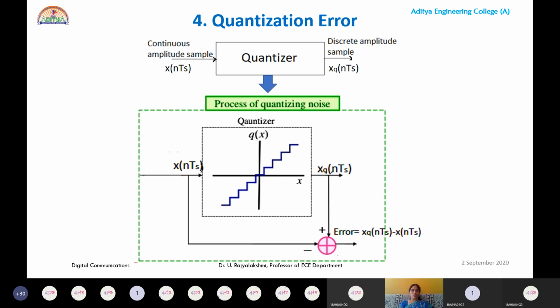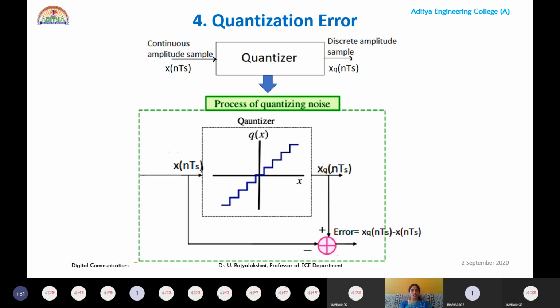If you observe the transfer characteristics of the quantizer, it is of uniform step size, because the spacing between each successive representation level is constant.